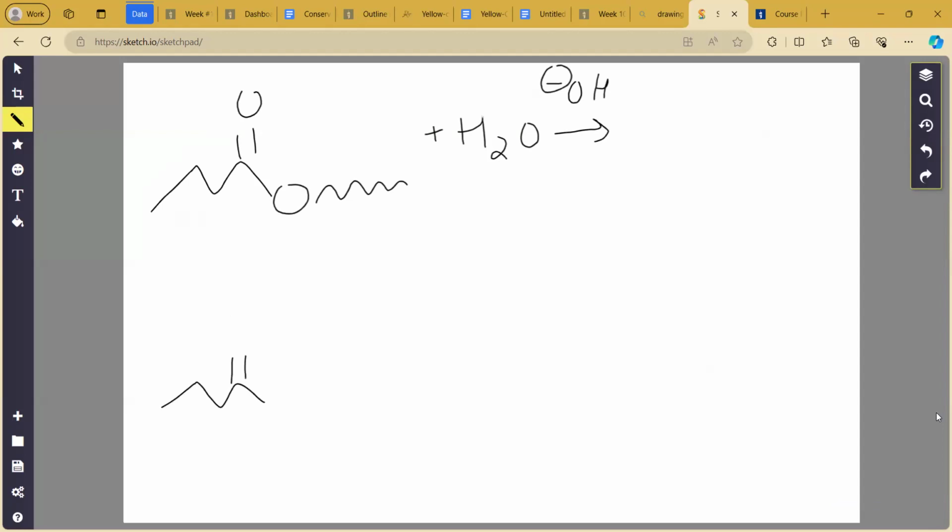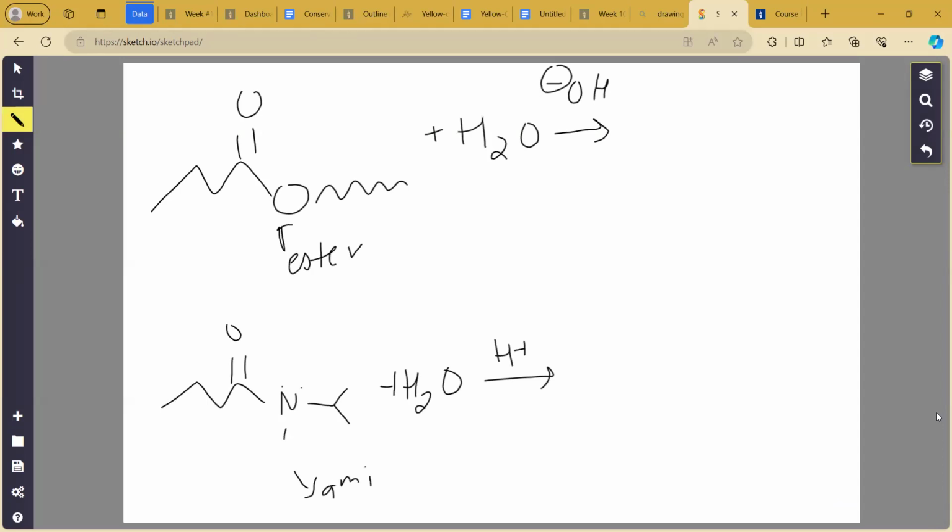Okay. So it's only going to be when you have an ester or an amide. So up here, it's a substitution. You're reverting the ester back into the carboxylic acid.